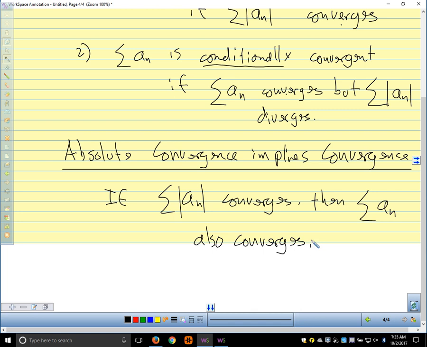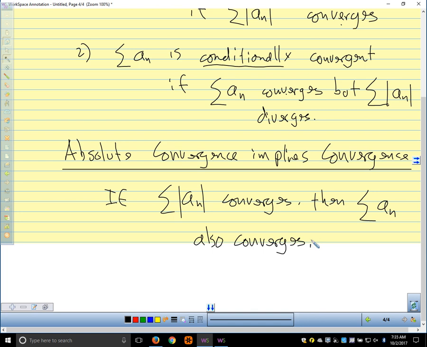An outline of how we would see this is that we can do direct comparison, with a little work, between this series and a series related to the absolute value series.